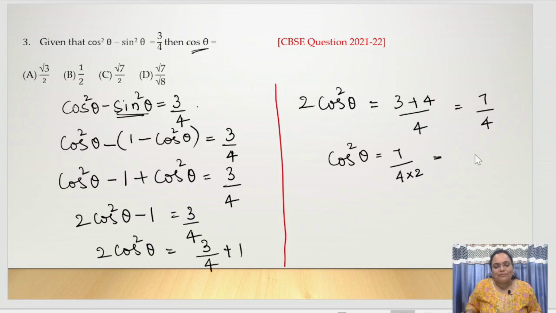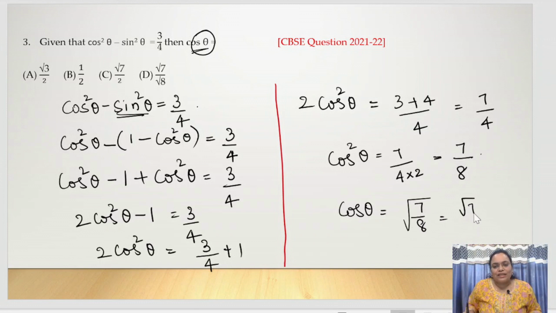So this becomes 7 by 8. Now if I want only cos theta, because we need to find cos theta, this becomes square root of 7 by 8. I am just individually dividing the roots, which is root 7 by root 8. D is the answer.